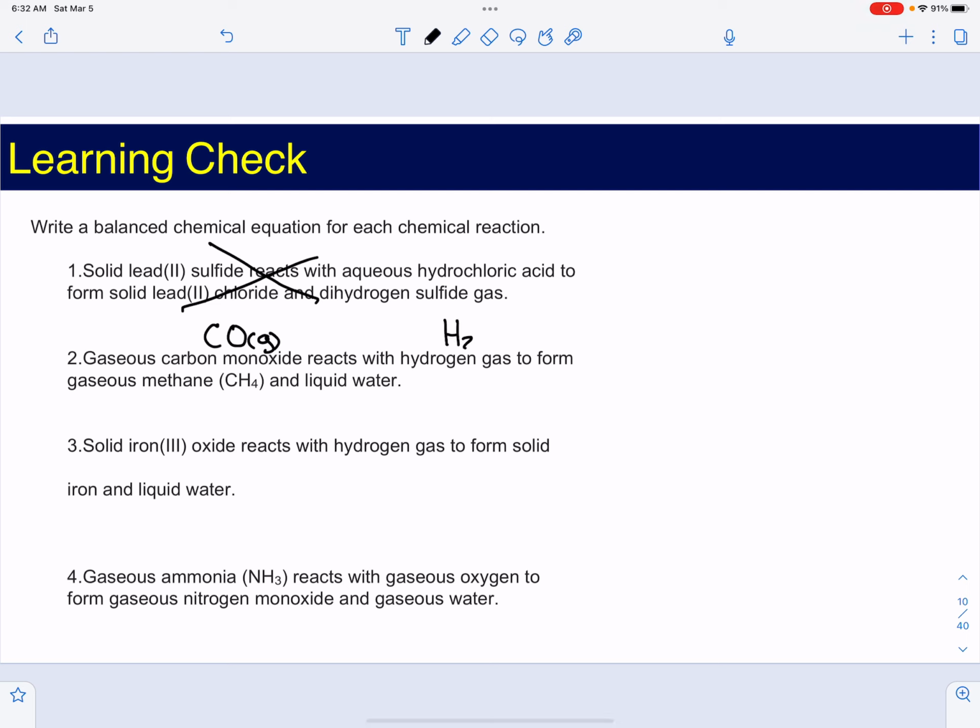Hydrogen all by itself is diatomic and is a gas, to form gaseous methane and liquid water. Okay, so here we go. Carbon monoxide, which is a gas, reacts with hydrogen, which is also a gas, to produce methane, which is a gas, and liquid water.